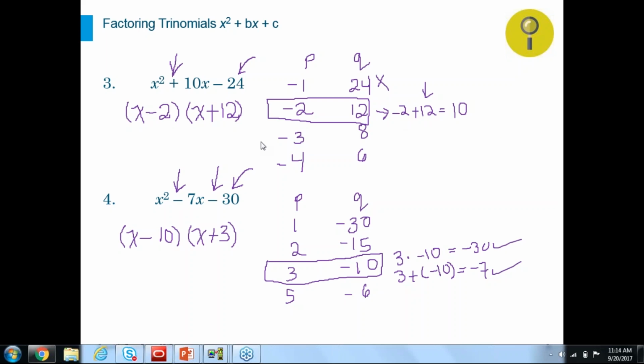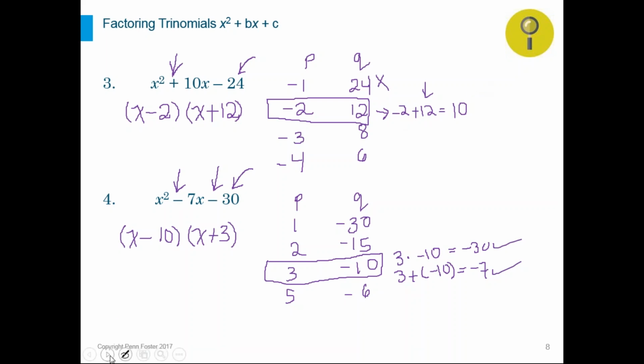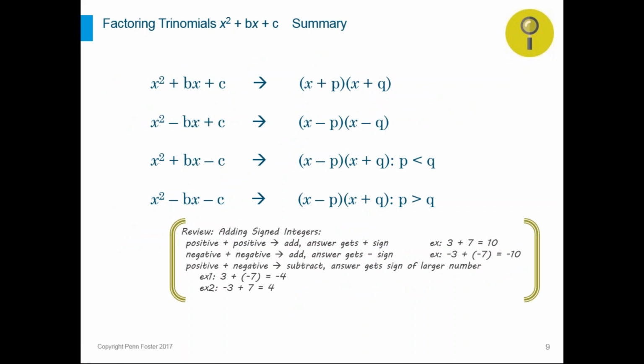Okay. I have a self-check question, and that would be on the same topic that we have been speaking about. Before we go to the self-check question, I just wanted to give you a summary. If you wanted to memorize, that would be just a cheat sheet for that.